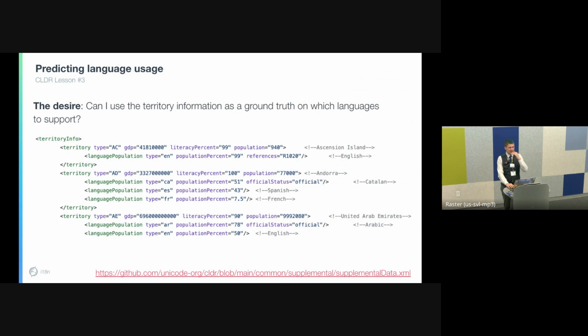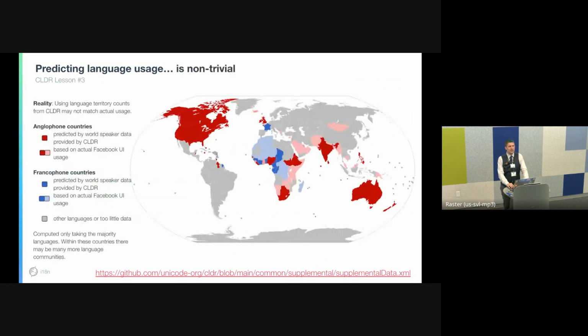And similarly, can I use the territory information in CLDR as a ground truth on which languages we should support? So for instance, here we have these population counts and what percent of people in a country use a language. Down here, you see AE, which is the United Arab Emirates, where 78% of people speak Arabic. This data is not actually something that we can always use to motivate what languages we support in which countries.